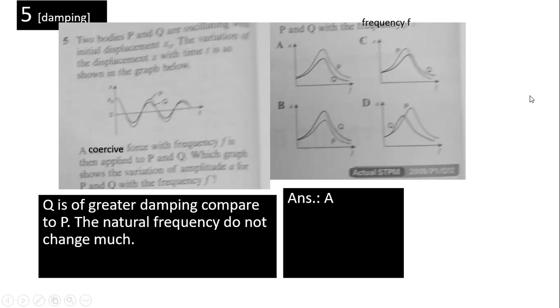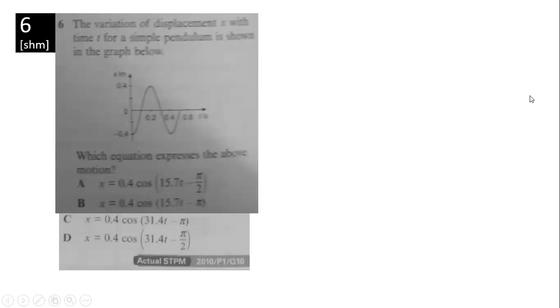Okay, we do our last one. This one. The variation of displacement x with time for a simple pendulum is shown in the graph. The expression for the above motion.